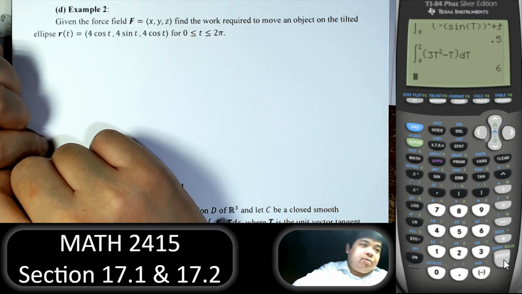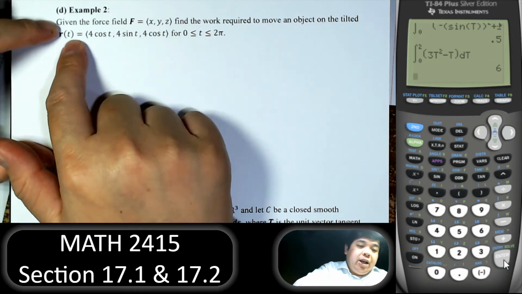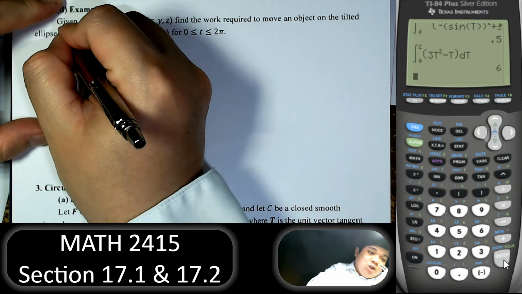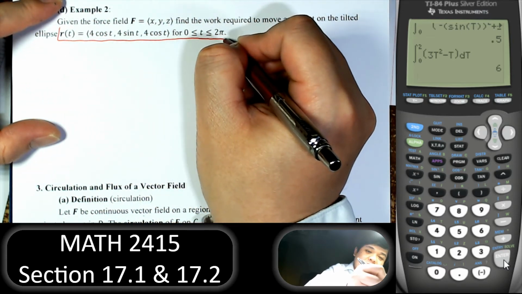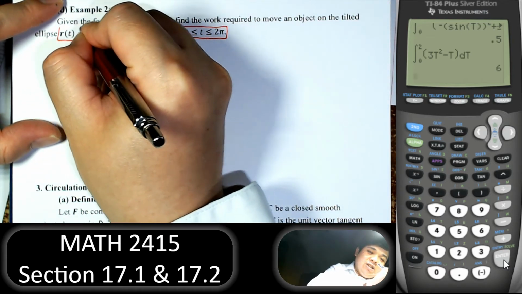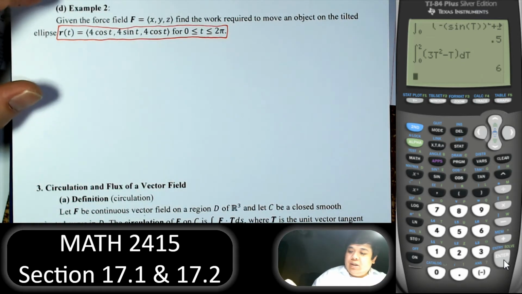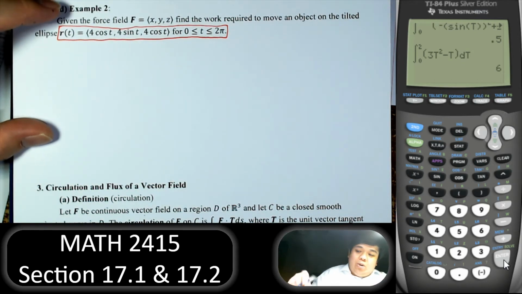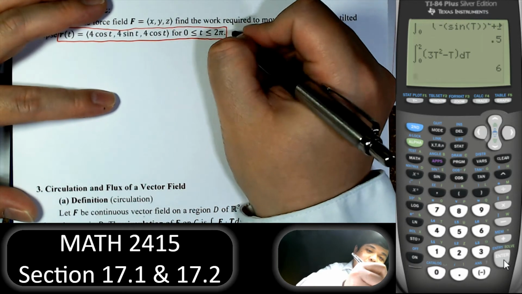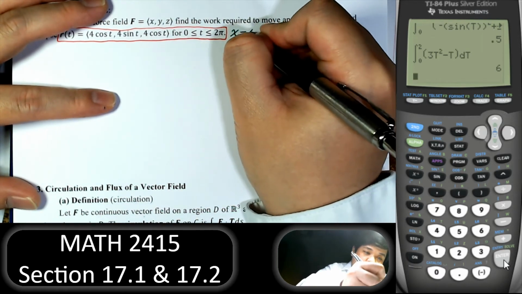So, right, we have the parameterization already, so this is good. We don't have to find it. We always need to have x, y, and z equal to something in terms of the parameter.